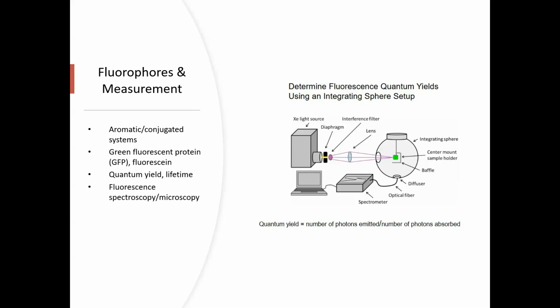Fluorescence can be measured using fluorescence spectroscopy or fluorescence microscopy, where the emitted light is separated from the excitation light so the fluorescent signal can be seen clearly. On the right is an integrating sphere setup, which is one way to measure quantum yield. It collects all the emitted photons so we can compare the number of photons emitted to the number absorbed.